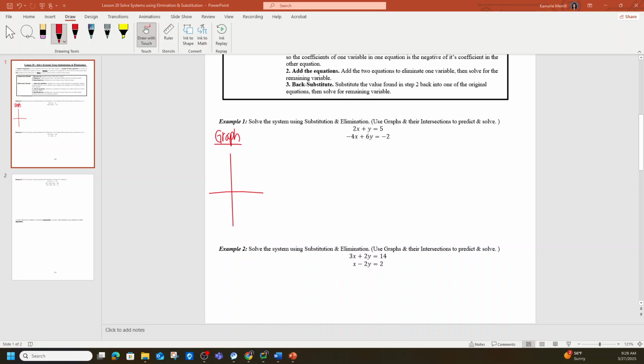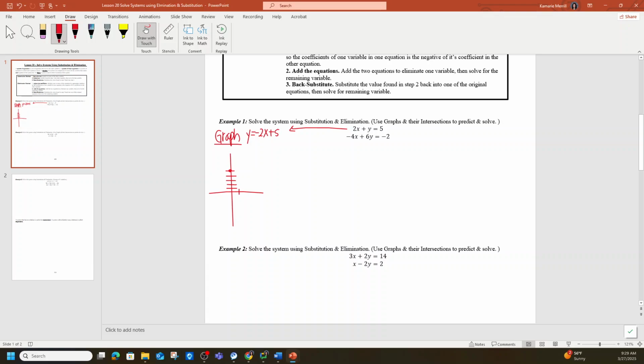So if I rearrange this one, I'm going to solve for y. By solving for y, what would I do with the 2x? Yeah, simply minus my 2x, and that would be negative 2x plus 5. So where do I graph? My y-intercept is at 5, and then what's my slope?